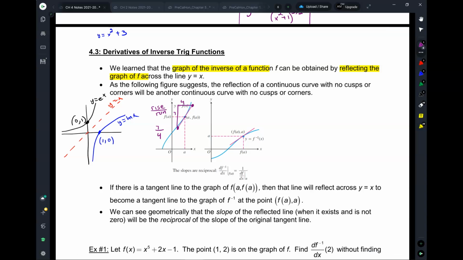Now, here next to it, we drew the inverse. And this is the corresponding point there. And now I want to find the slope there of the inverse. So the derivative, the slope of the inverse. Well, that's the slope of that tangent line right there.